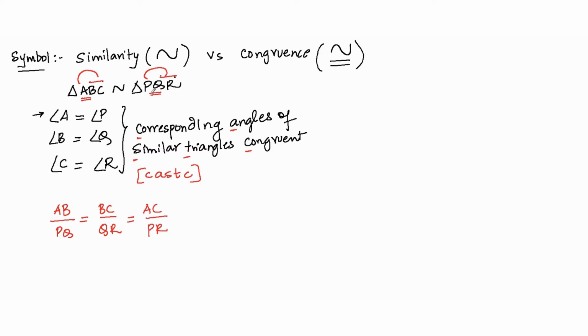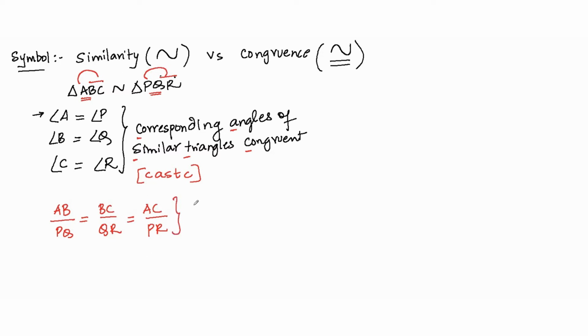Please note how I took the order of the vertices. I took the first two vertices of the first triangle and the first two vertices of the second triangle, and took the ratio. So AB upon PQ was equal to BC upon QR. BC was the side joining the second two vertices and QR was the corresponding side. Then I had AC, the side formed by the first and last vertices, in ratio with PR.